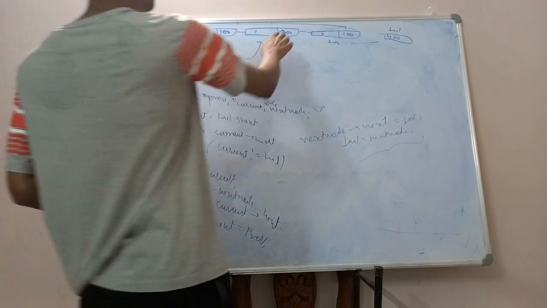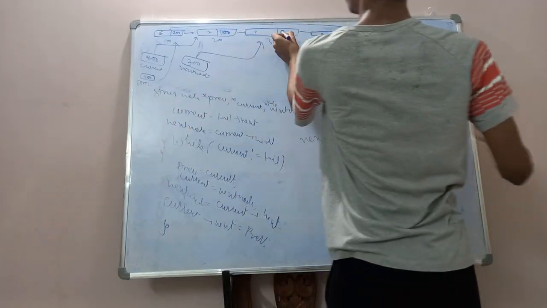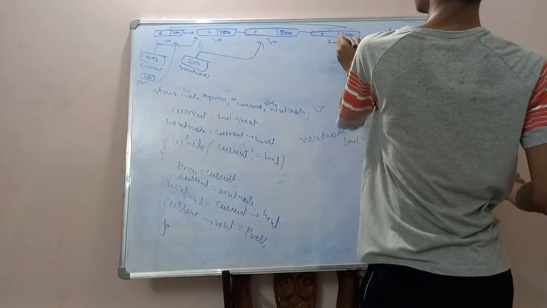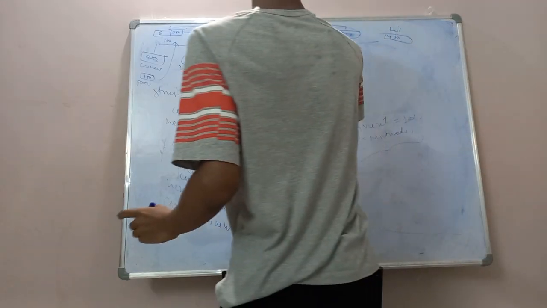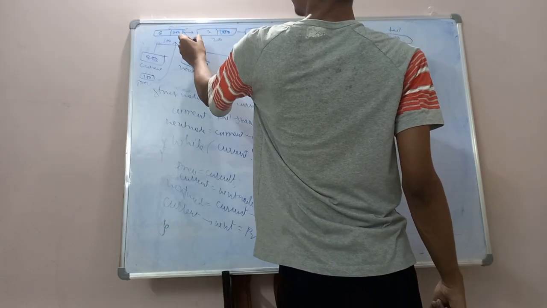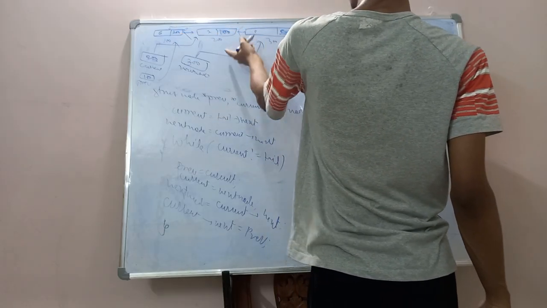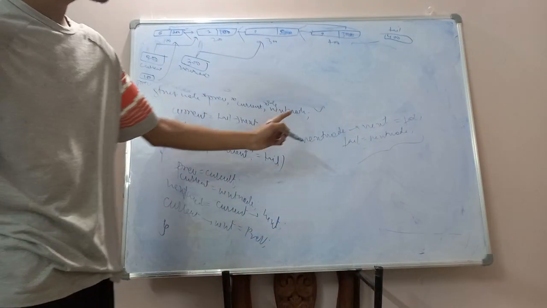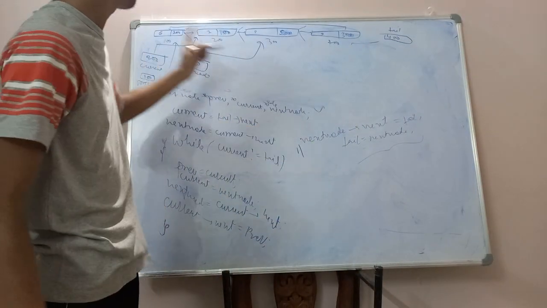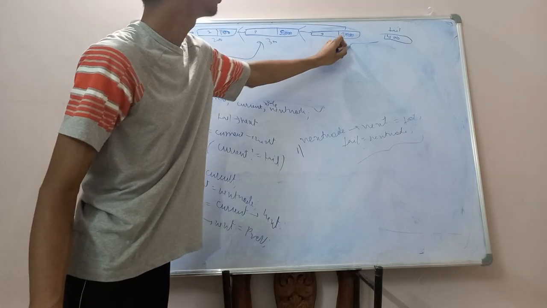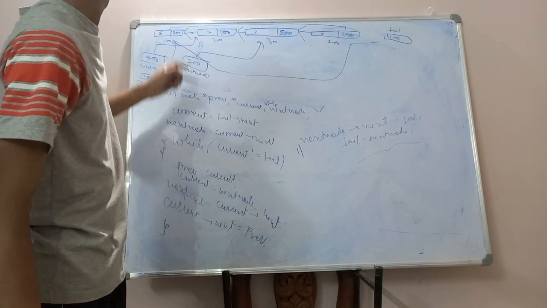So now here it will be 200, here it will be 300. This will point now here, this will point now here, this will point now here, and I then exchanged my tail. I made my tail point to the first node. So this will now become this.